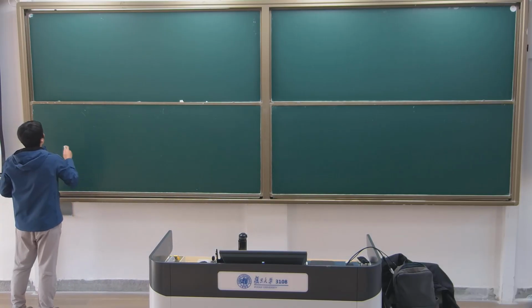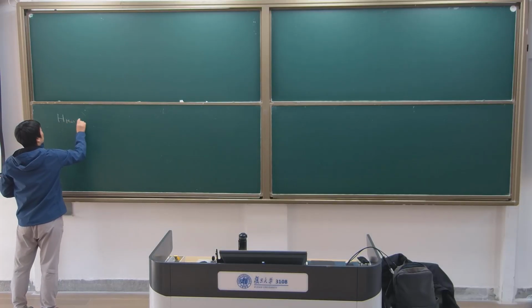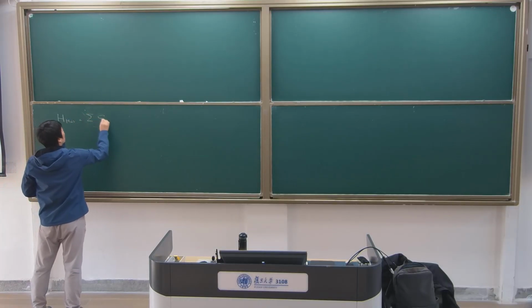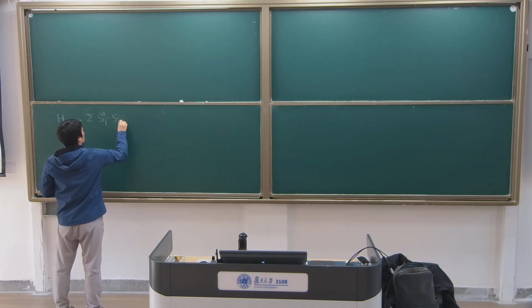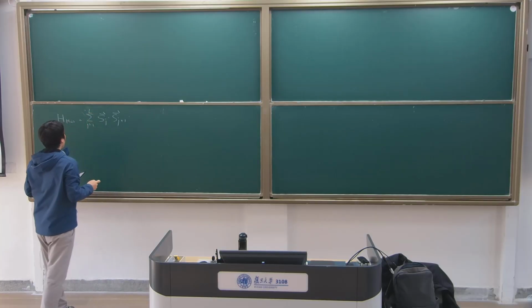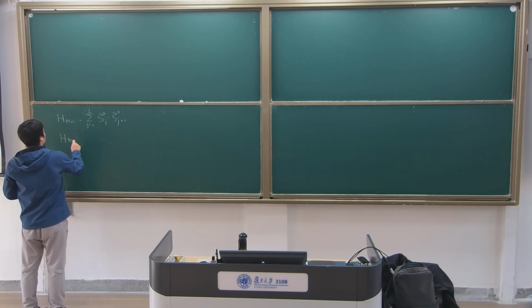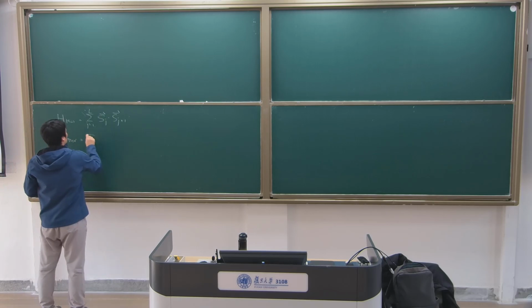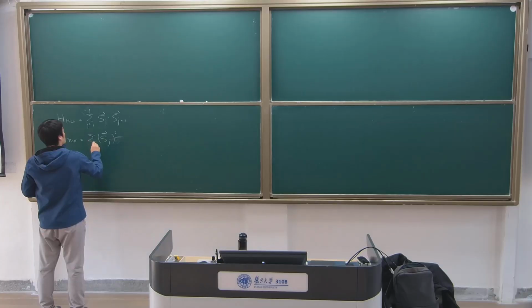So, the Heisenberg model is something like that. Like this way, periodic boundary condition, H trivial, and the sum of J. Sorry, J boundary.